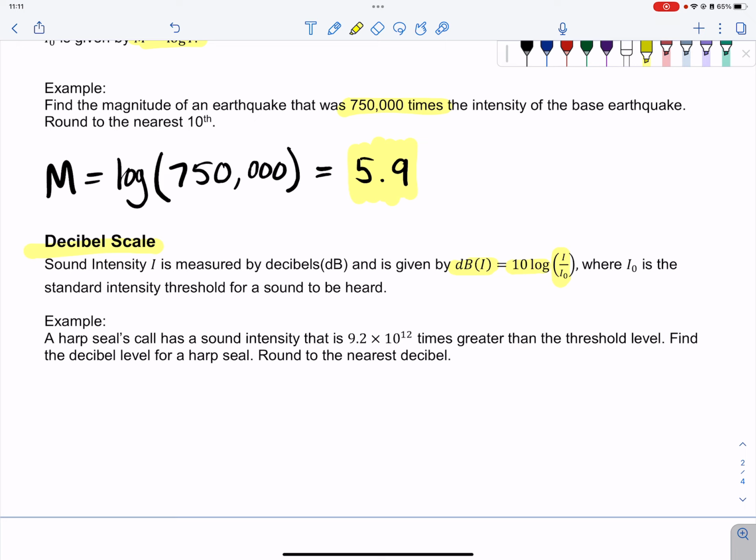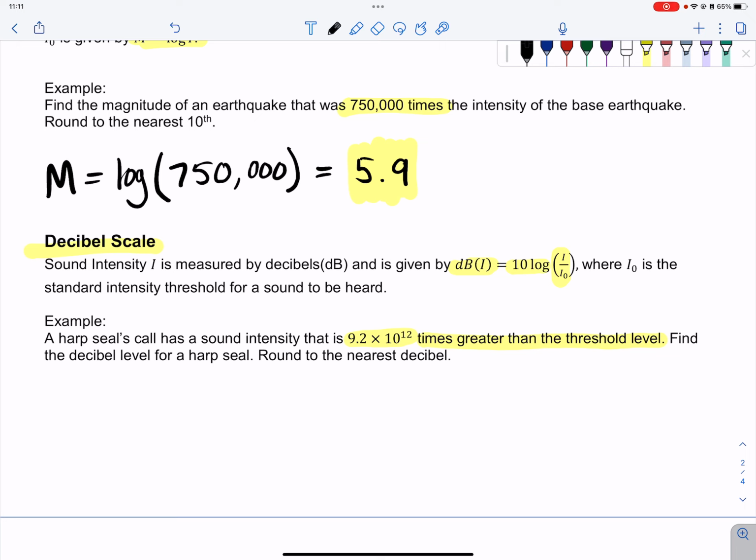So we have that in our example, a harp seal call has a sound intensity that is 9.2 times 10 to the 12th power times greater than the threshold level.